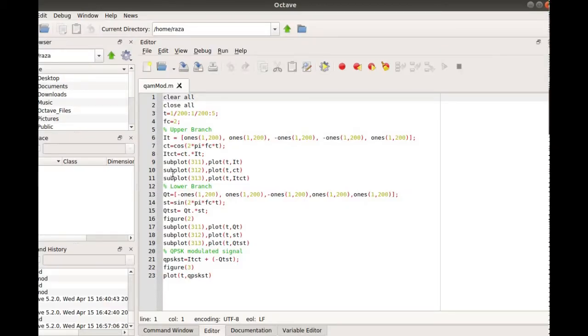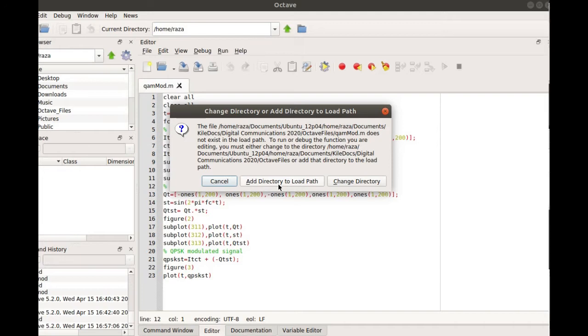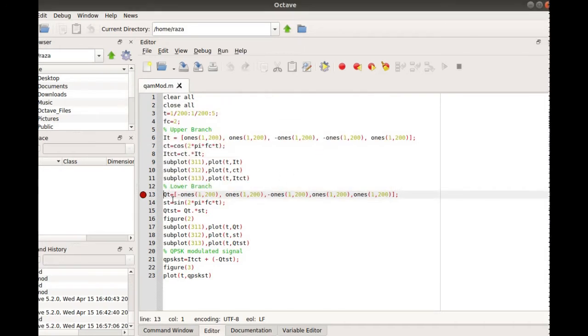I'll put a breakpoint here before this plotting command, so that we get I(t) cos(2πf_c t) from our signal. Okay, add this to path, and I put a breakpoint here, and another breakpoint here, right?